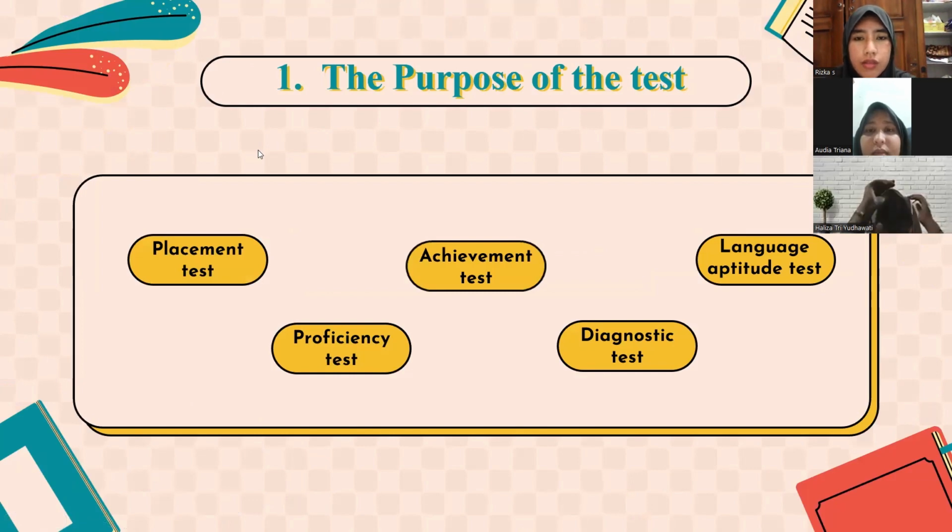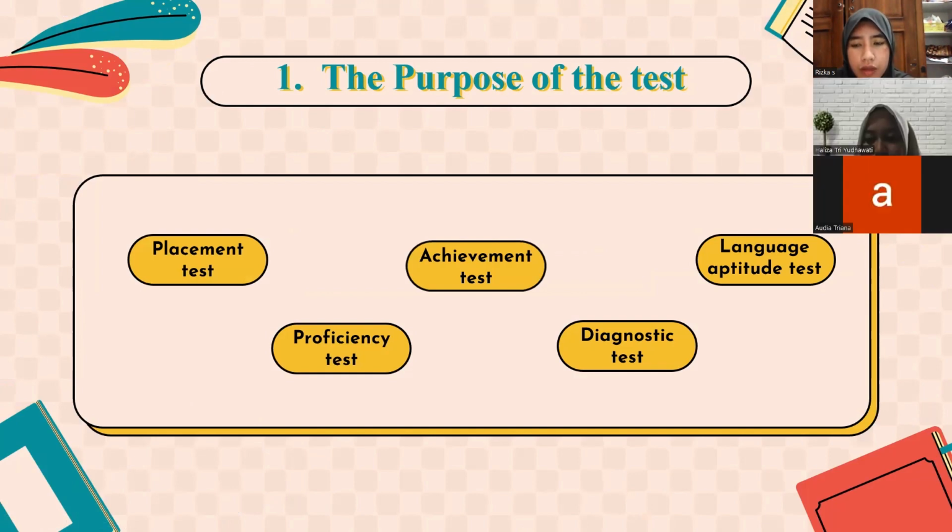So the first is the purpose of the test. There are five types of purpose of the test. The first is placement test. Before we start, grammar and vocabulary tests serve various purposes in language education and assessment.